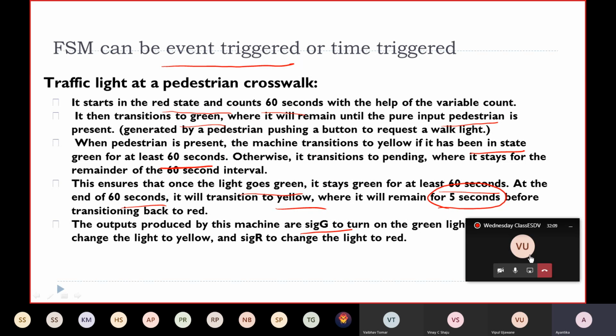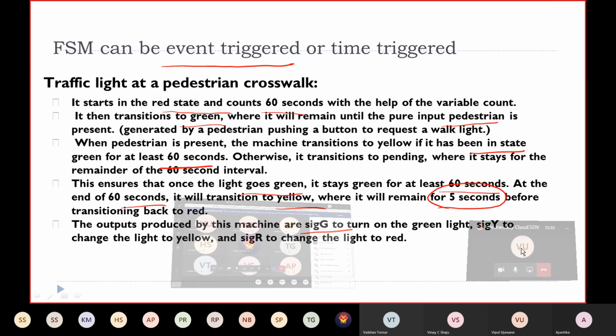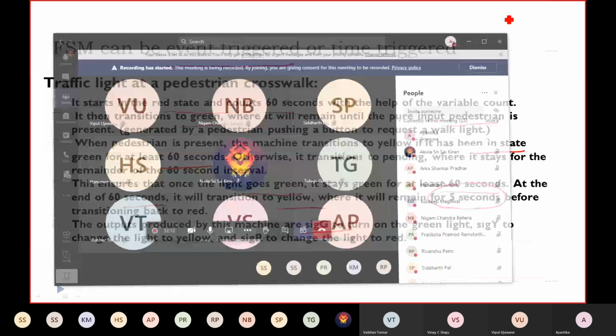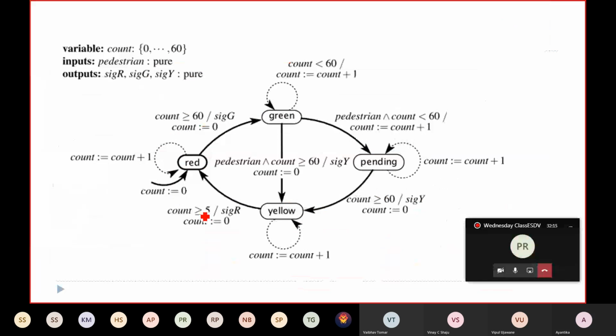My states will be red, green, yellow, and this one extra pending step that was defined in my specification.